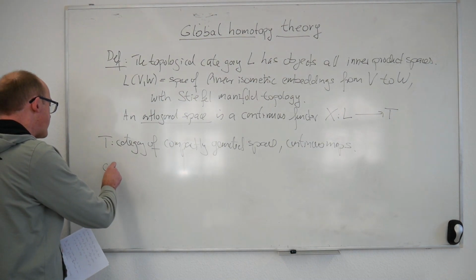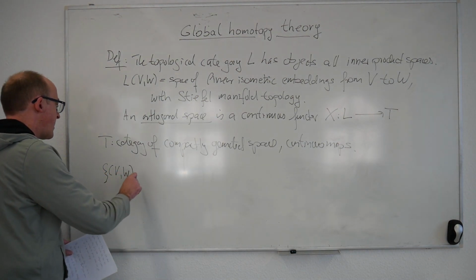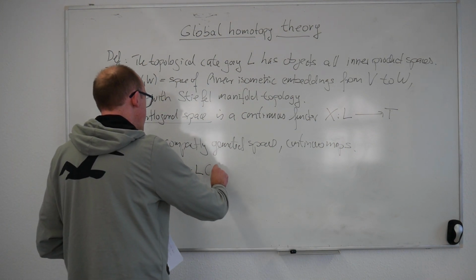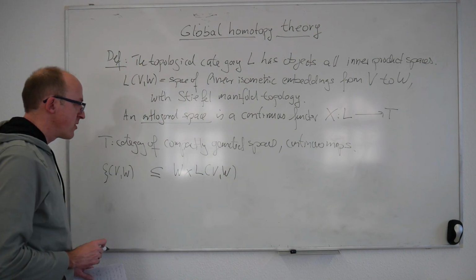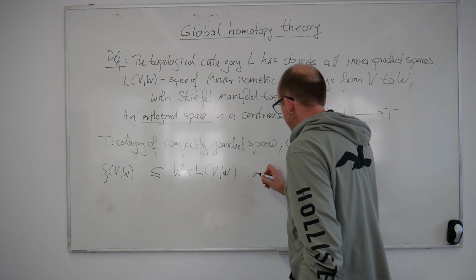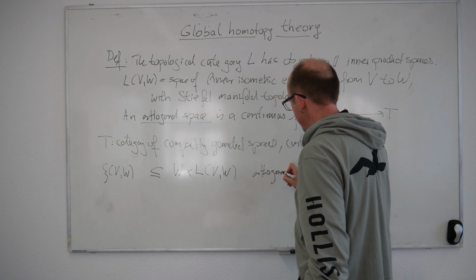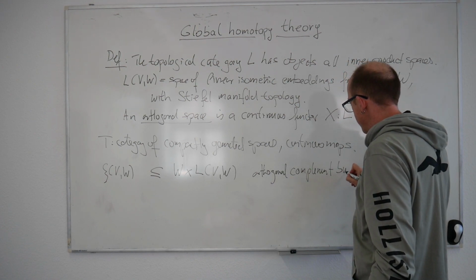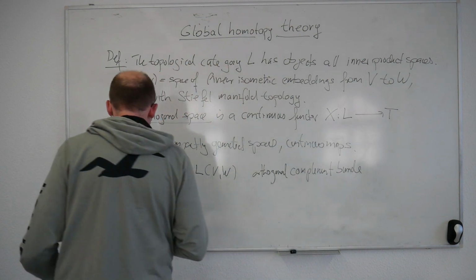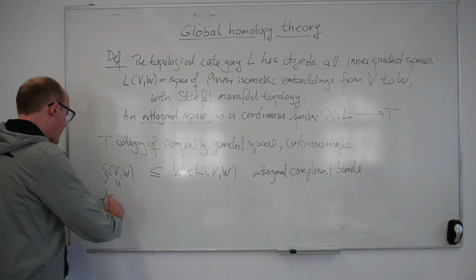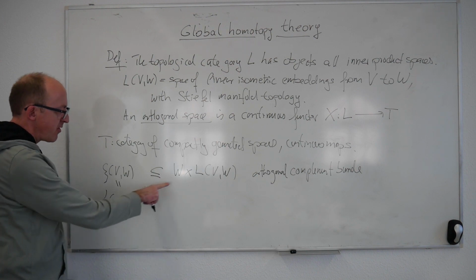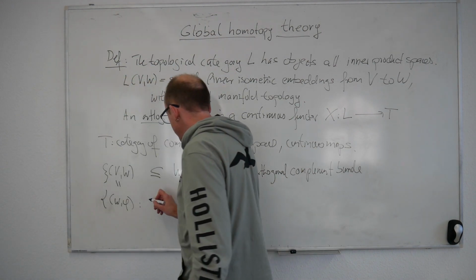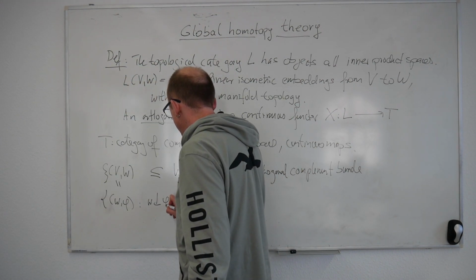So if I have two inner product spaces V and W, I write ξ_V(W) for the subset of W times the linear isometric embeddings from V into W. So this is the orthogonal complement bundle. So specifically, points in here are pairs (w, φ), with w a vector in W, φ a linear isometric embedding from V to W, and they have to satisfy the condition that w is orthogonal to the image of φ.